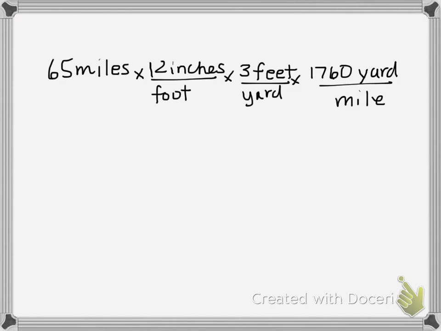So I can do that conversion, even if I didn't look it up. I do have the information that I need. So miles cancels with miles, yards cancels with yards, feet cancels with feet, of course, and that leaves me with inches. And I'd multiply through there and get the 63,360 number.